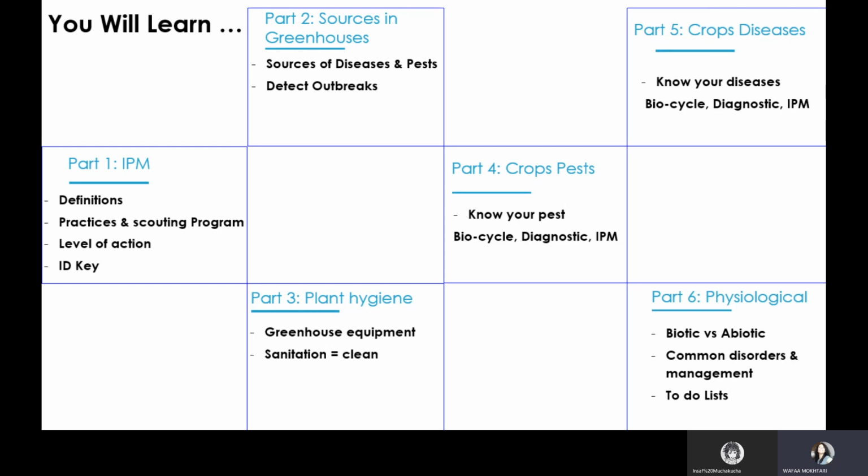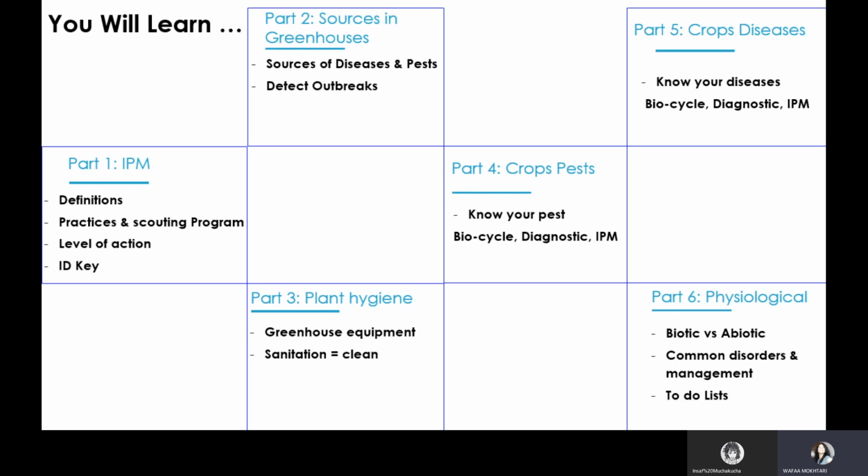So we should understand and make the difference between pests and diseases, which we call biotic, and the things that are abiotic, which means something physiological.